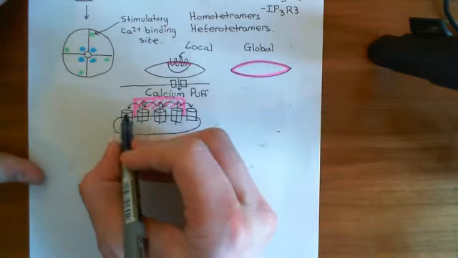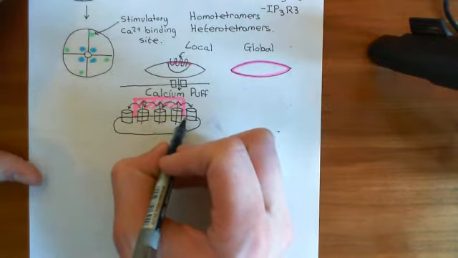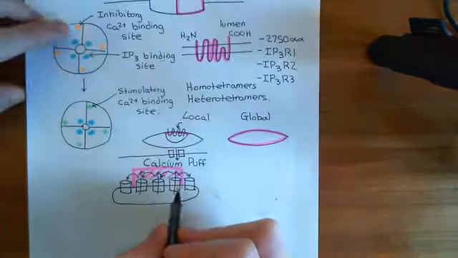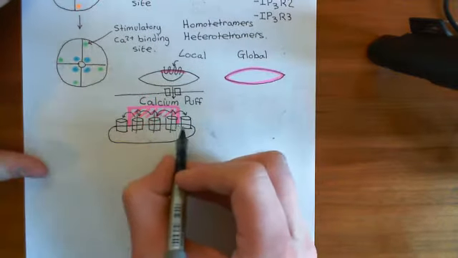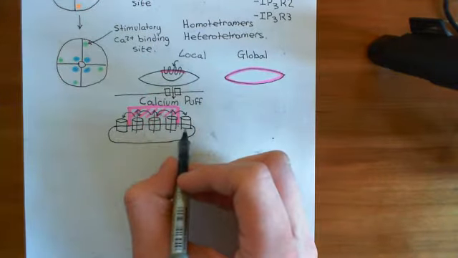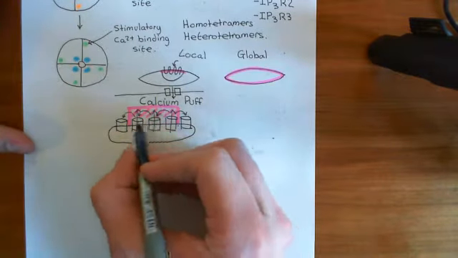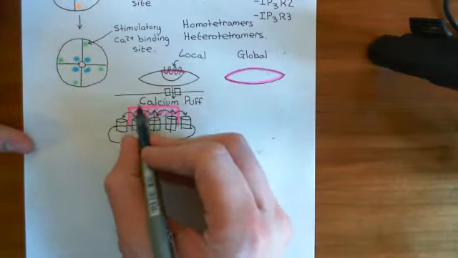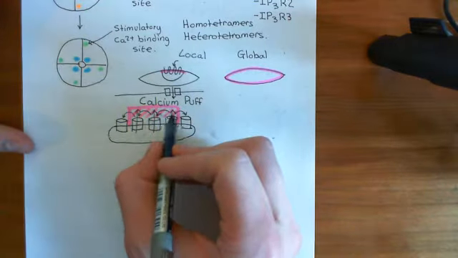So when calcium spills out onto these IP3 receptors, what will happen? Well, calcium will now bind to the inhibitory calcium binding sites and will inhibit them even further, so they definitely will not open. Okay, so you will get calcium being released from the IP3 receptors that are in the area where the IP3 went up.